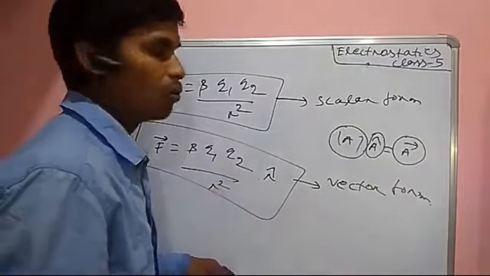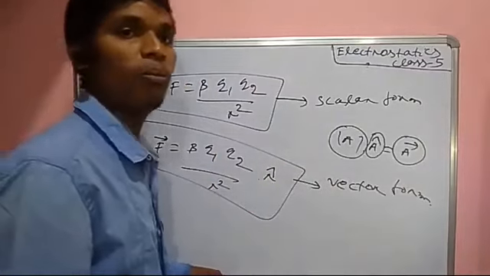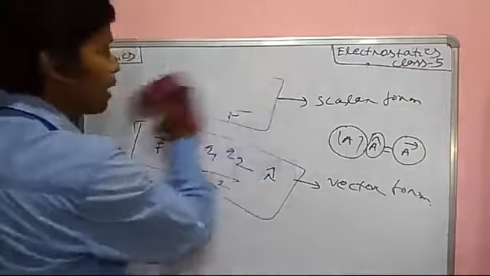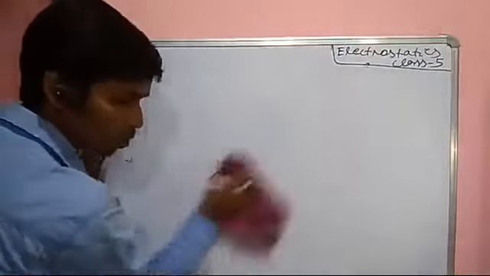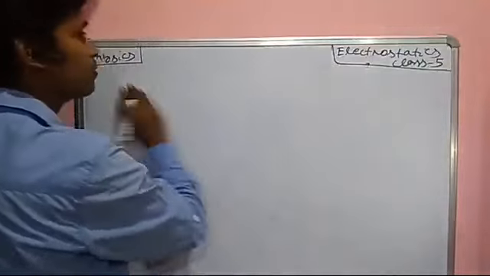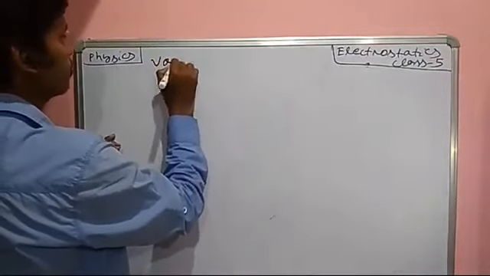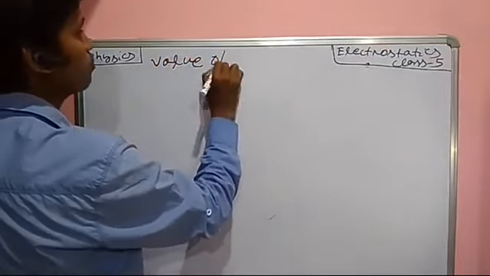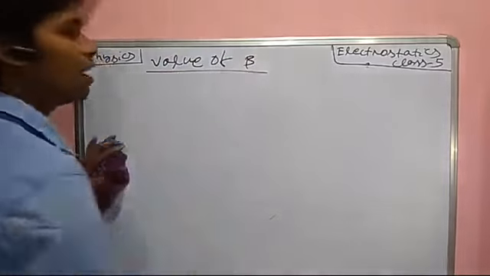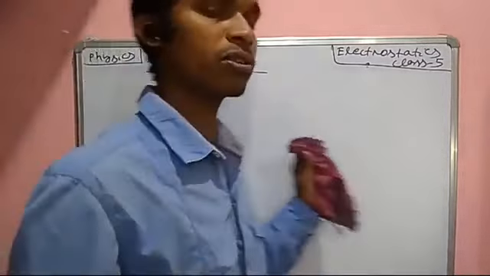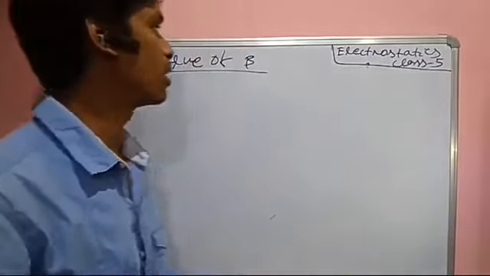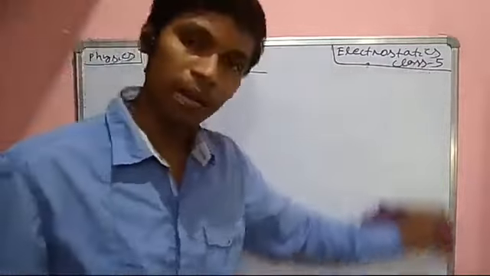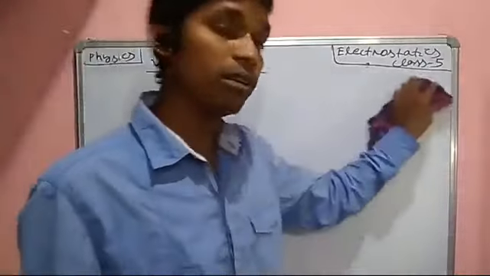Then we have to note down the value of beta. Beta is the proportionality constant which depends upon the nature of the medium, and its value depends on the system of unit chosen.